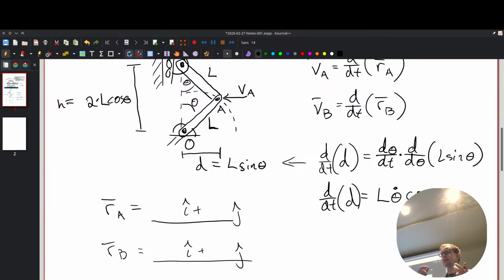There's hinge O at the bottom, not moving, because that's on the ground. If that's moving, then we need to move the jack to a different location. So that one's some kind of fixed location. So then what are RA and RB? How do we describe where those things are? So what do you think? Or did you want to start somewhere else? Were there questions as we're jumping back in?